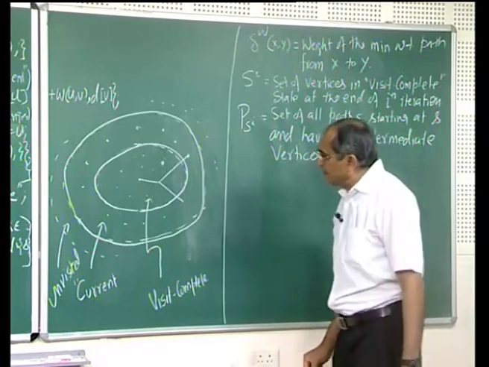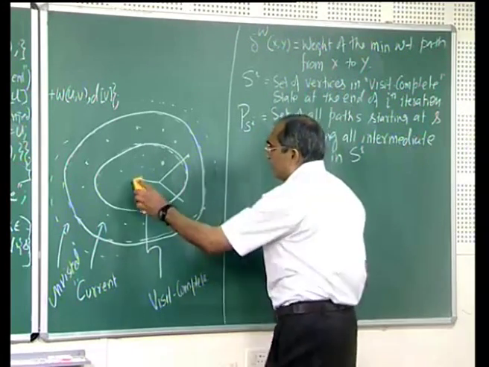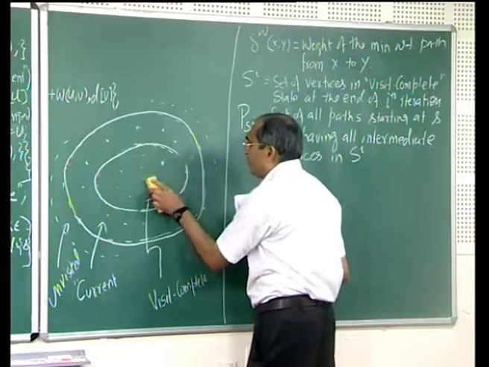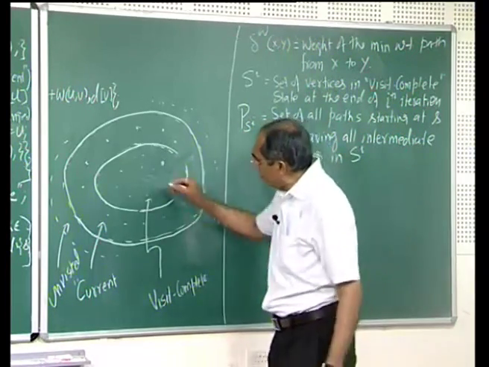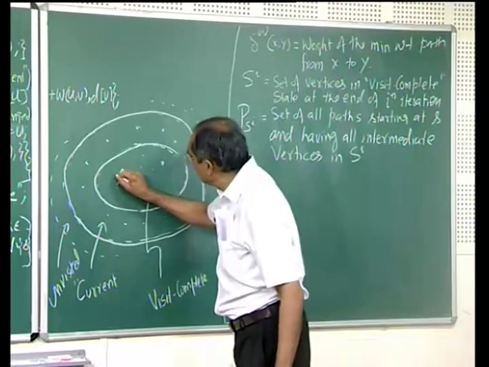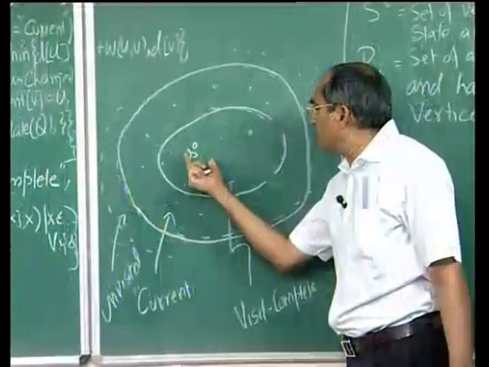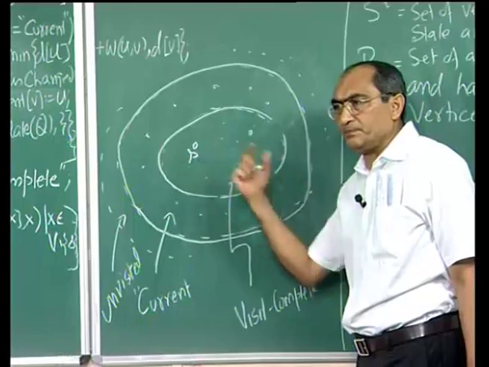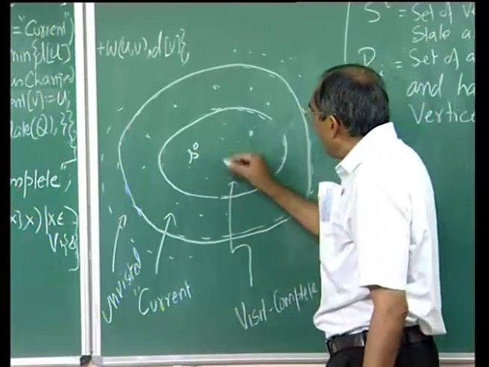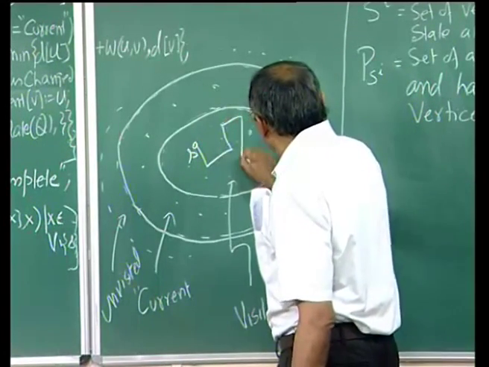So, let us take a situation. So, s is of course here right from the first iteration. So, there is a path which looks like this.